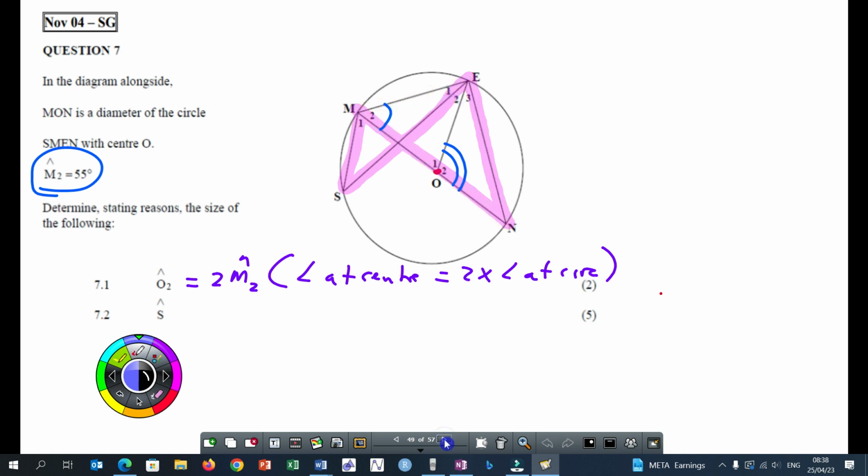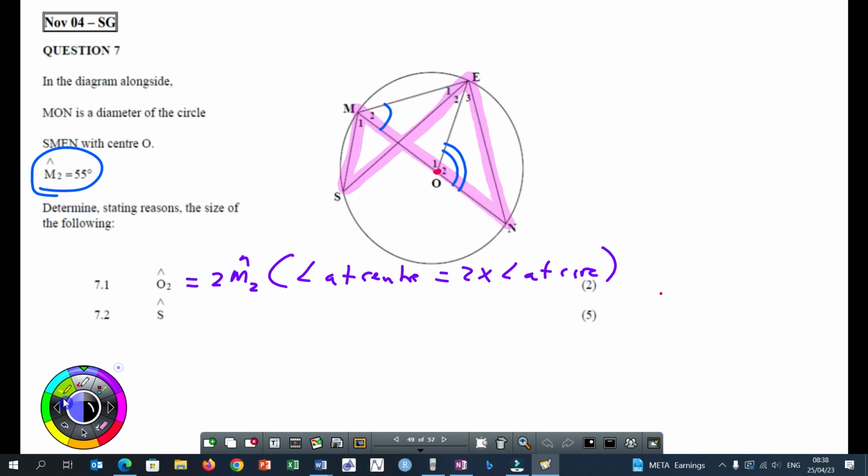Let's move on. Now, to do 7.2, I saw some of you had challenges with it. But it's so easy. So this angle here, we got it as 110 degrees. This angle here is equal to 55.